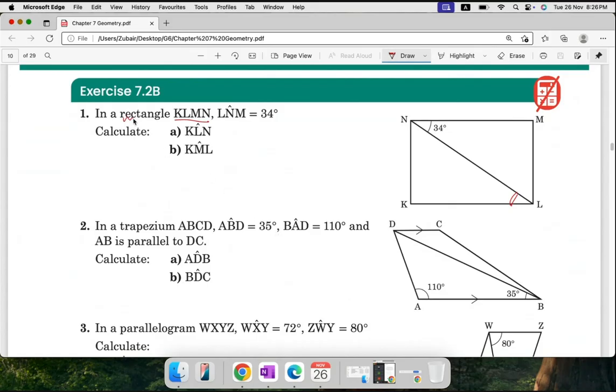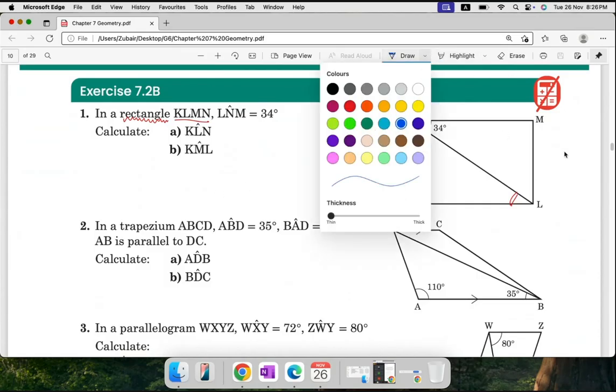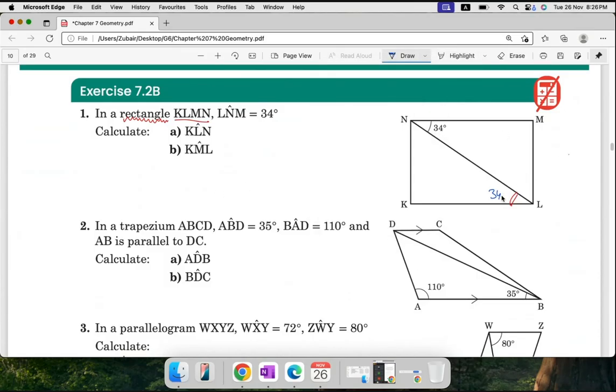This is a rectangle. We should know the geometry of the shape. This is 34 degrees, and the reason is alternate angles. These two sides are parallel, and this makes it an alternate angle.